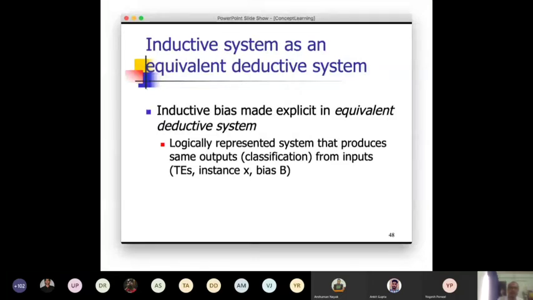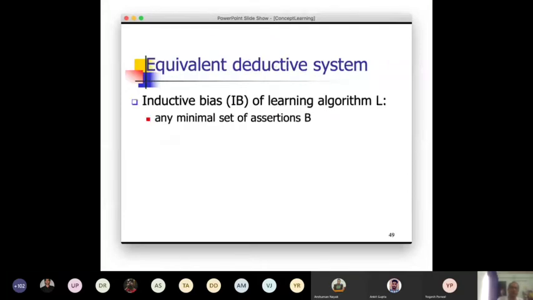If I add this bias to them, and then apply the deductive system's logic, you should be able to get the same result. So that is the equivalent part. The candidate elimination algorithm is one such example. So this is what the inductive bias of a learning algorithm is.